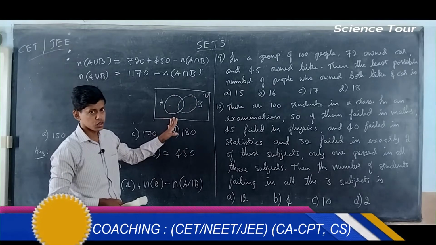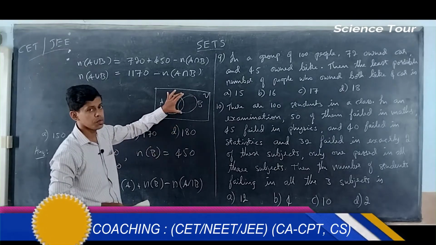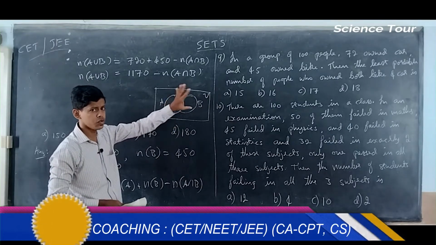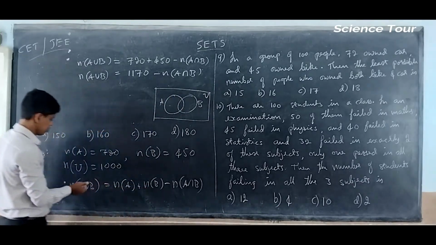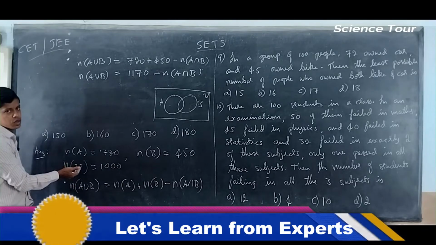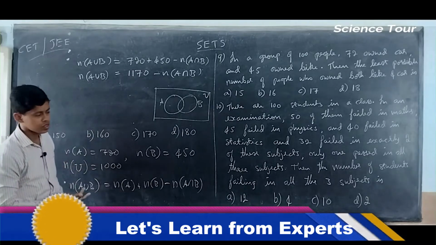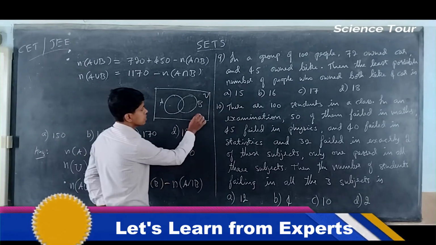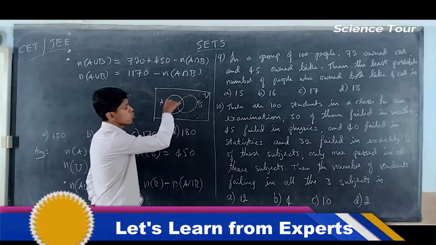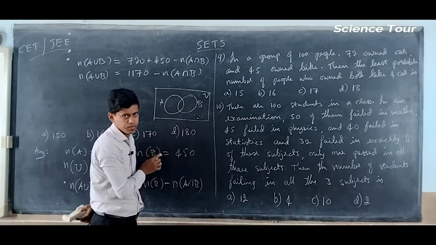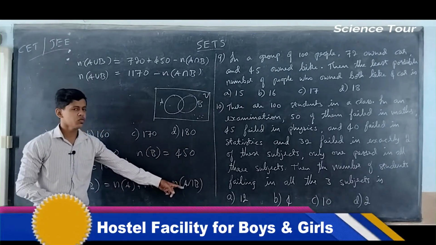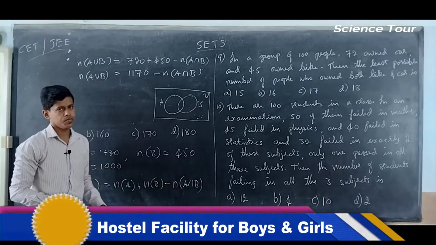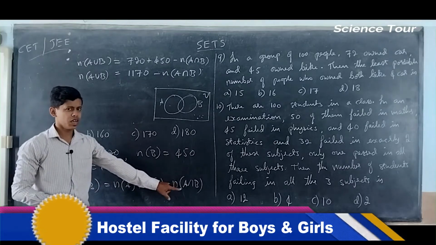Union may not be equal to universal. A union B may not be equal to N of U, the universal set, because there may be some people who do not like both. They are outside the circles. Correct? Now, the question is, find the least value of A intersection B. The lowest value, the minimum value.